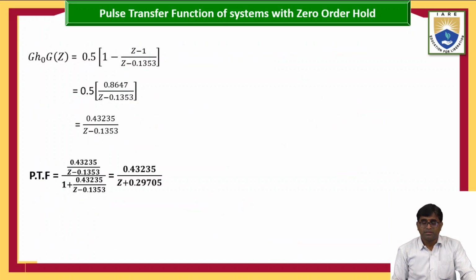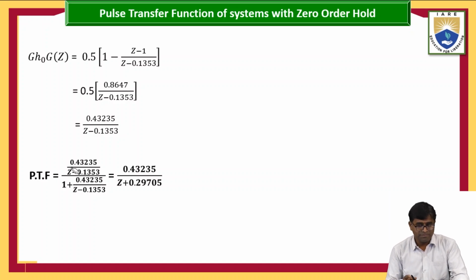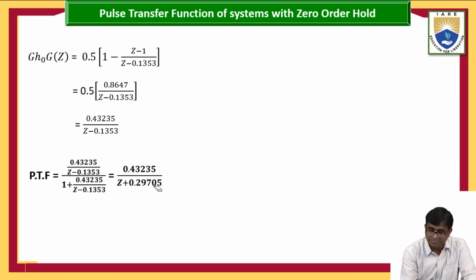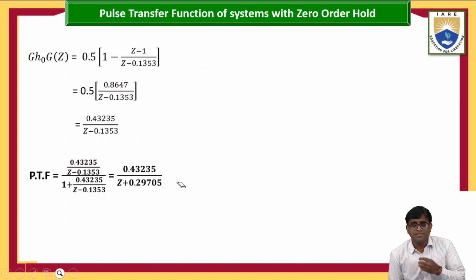Negative feedback, plus this function, into 1. H of s is equal to 1 now. If you solve this one, we got the answer: 0.43225 by z plus 0.29705. So this is the first transfer function for the unity feedback system.